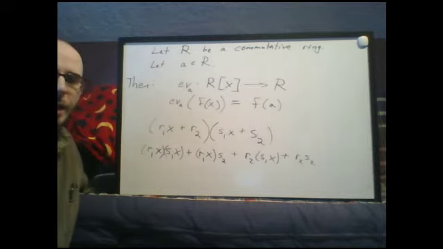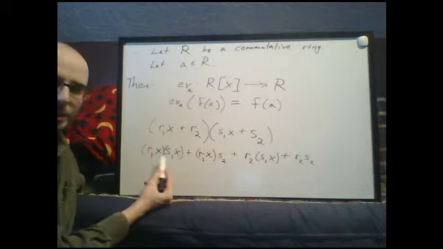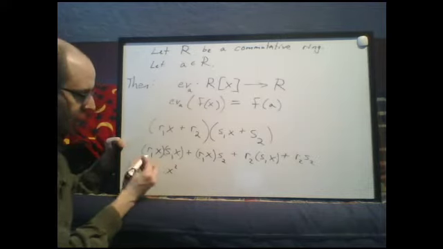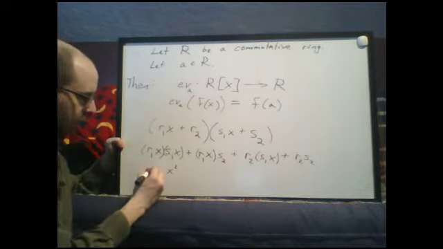Then our rule for multiplying polynomials is, the way I simplify one of these is I just group the x's together and make this x squared, and I multiply their coefficients, R1, S1.